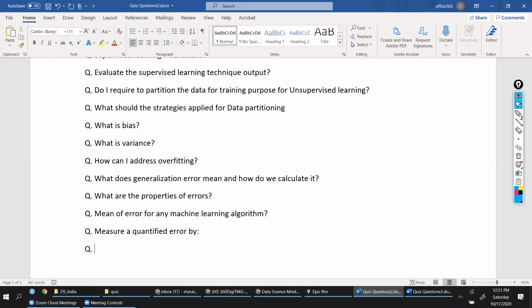Right. Next. How do we measure? What measures are used for model evaluation of classification techniques? Very good.